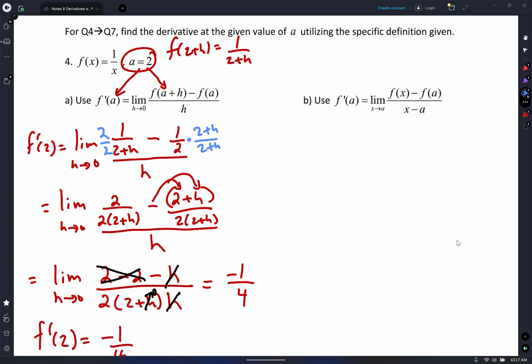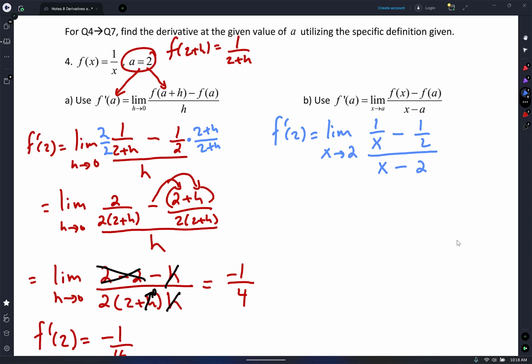I'm going to write f prime of 2 equals limit as x approaches 2, and then f of x, which is 1 over x, minus f of a, which is minus 1/2, all over x minus 2. You're done with calculus.